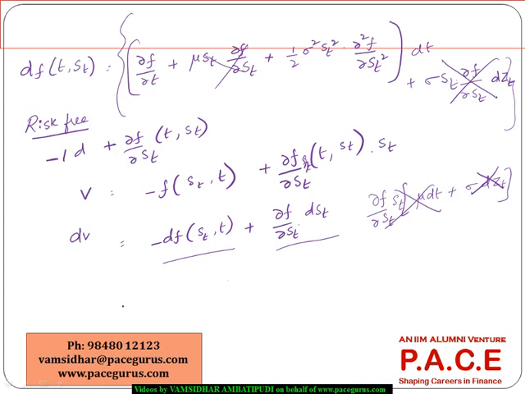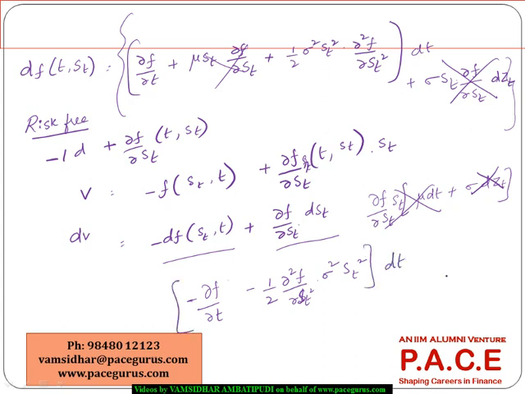So the change in the value of the risk-free portfolio is coming out as minus ∂f/∂t minus half ∂²f/∂st² into sigma squared st squared, this entire thing with a dt term.